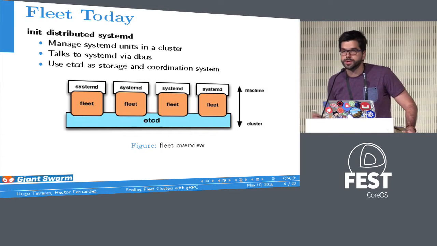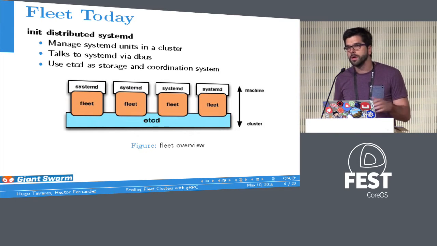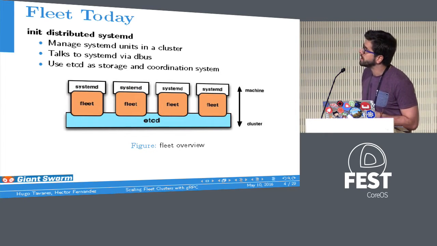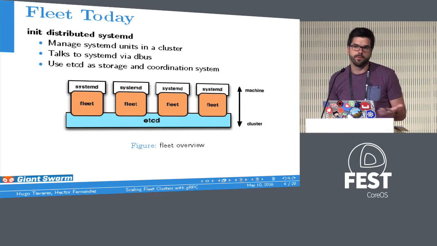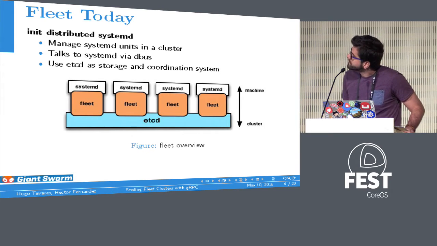The architecture, to give you a brief summary, is based on two main components, which are the agent and the engine. The engine is what you know as the masters, right? And then the agents are the workers.